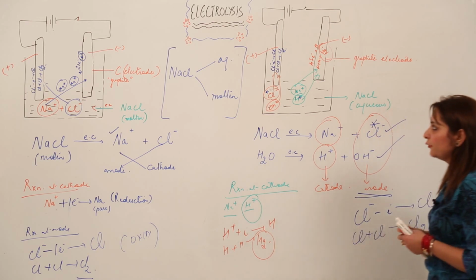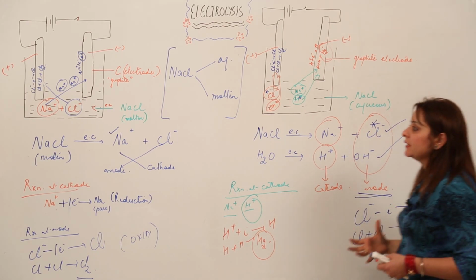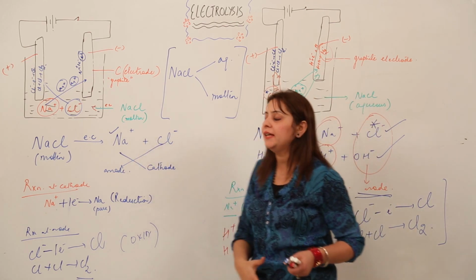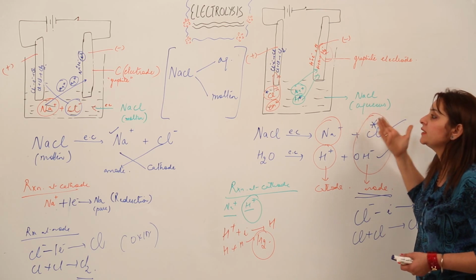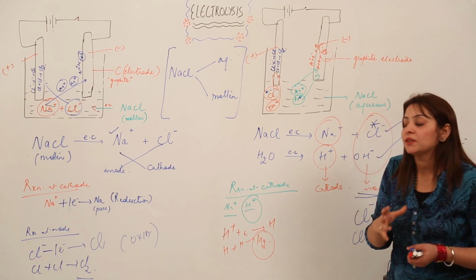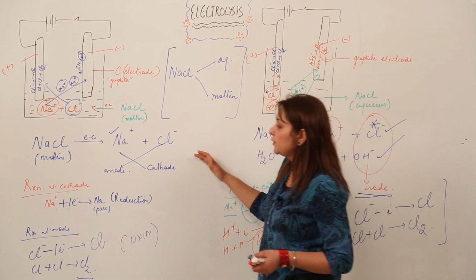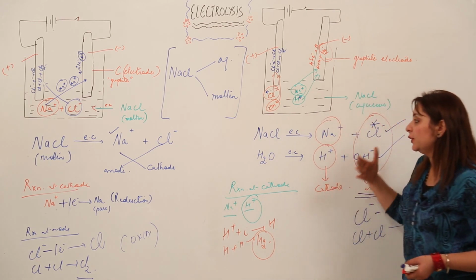So here is a difference you can easily see: the difference between electrolysis of molten NaCl and electrolysis of aqueous NaCl. In the first case there was no water, it was in the molten state, and in this case water was present.